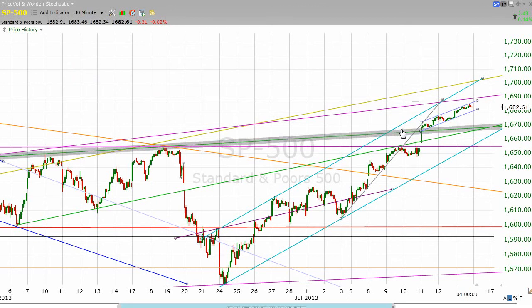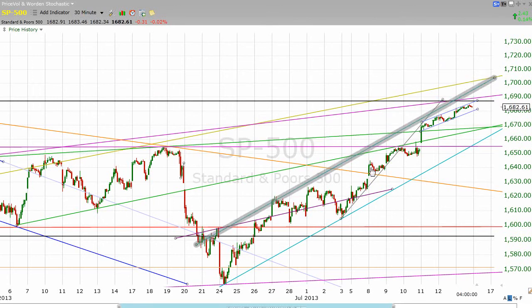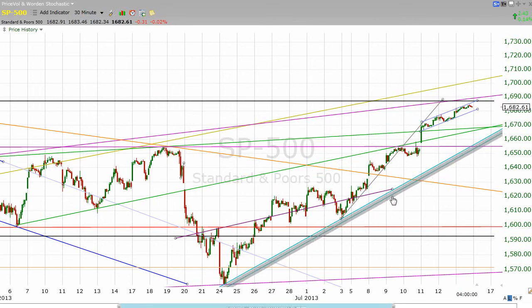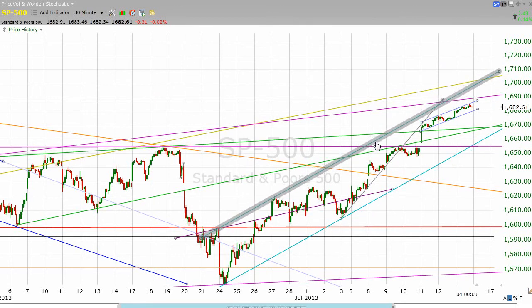And I'll be honest with you, this top line is kind of open to debate. We could redraw this line like that, and I think it would be just as valid as using the parallel line. Just for the sake of general practice, I'm keeping this line parallel because we've seen a lot of that happen.